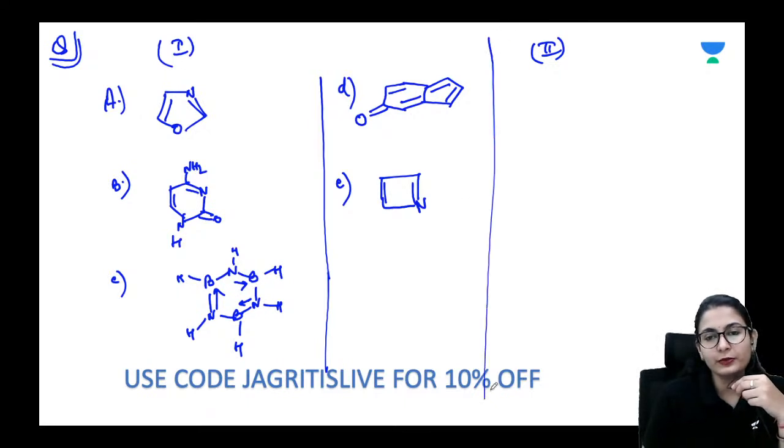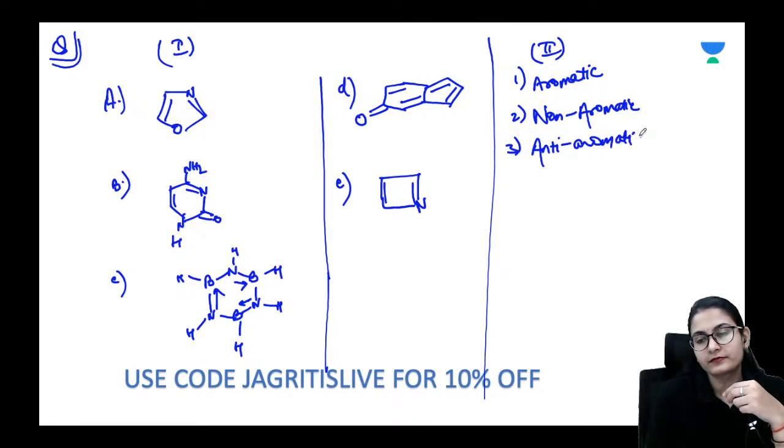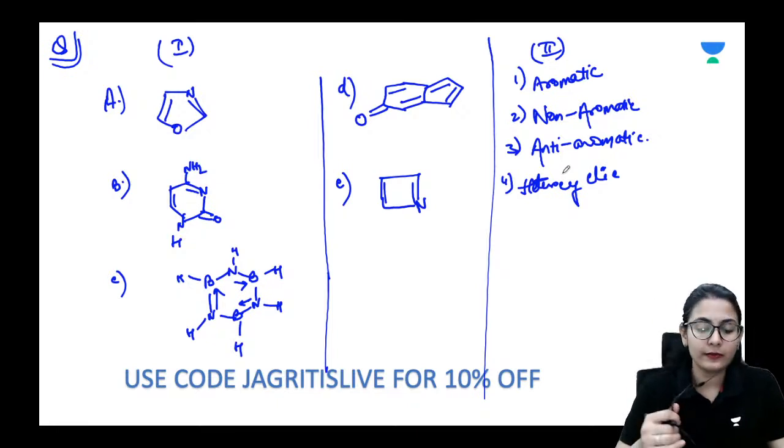So in column 2, you have: first is aromatic, second is non-aromatic, third is anti-aromatic, fourth is heterocyclic. Now you have to tell me how we are going to match.